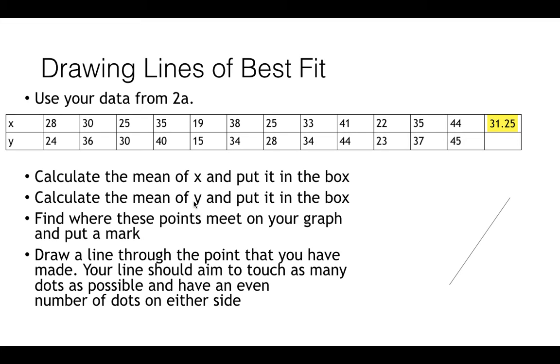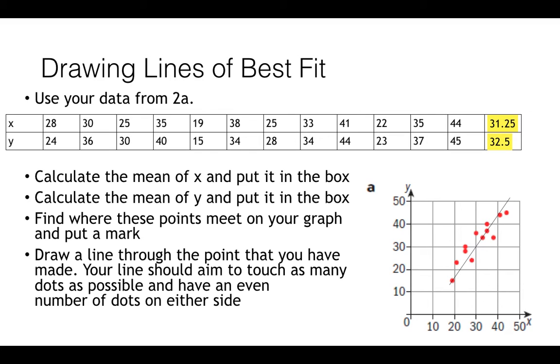I then have to calculate the mean of y, my second variable here, and write it in there as well, so that's 32.5. I then have my graph here, and what I do is I put a dot where 31.25 and 32.5 meet.